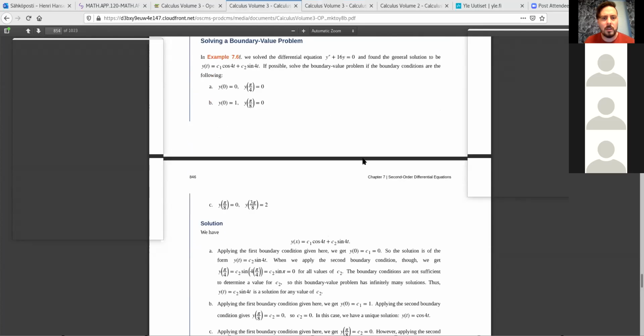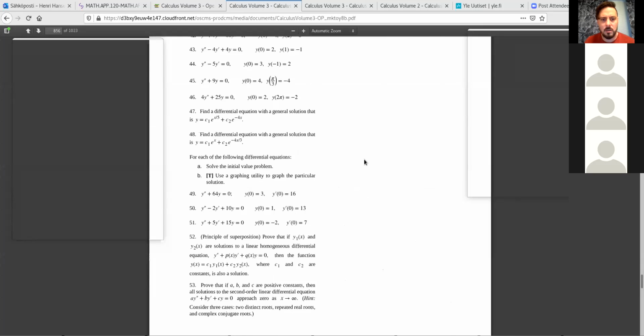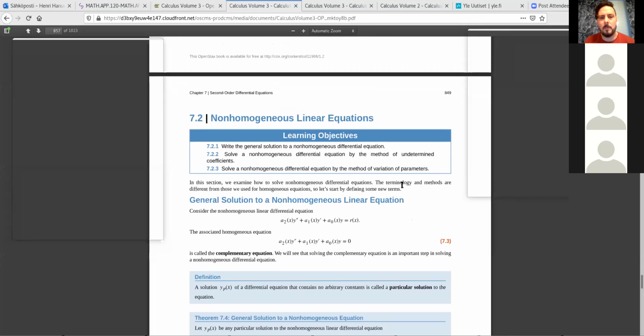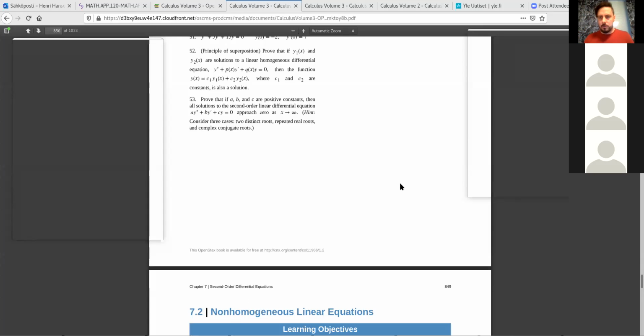I urge you to look at the examples of the boundary value problems and such, and I'll put some of these exercises for next week. The non-homogeneous linear equation, we'll talk about that a little bit on Tuesday. And then I will try to move on towards the series and those sort of things.